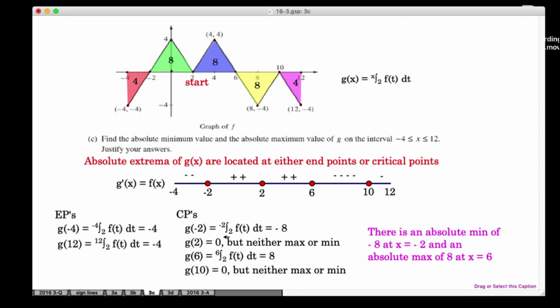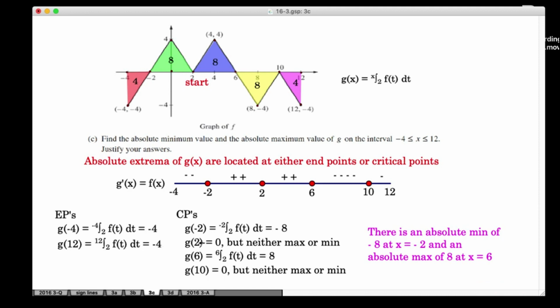If I want now the integral from 2 to -2, that's this critical point here. So 2 to -2, this is negative, that was positive, so this is going to be -8. And the integral from 2 to 6, this is positive, that's positive, so this is 8. Now you just look at the critical points and endpoints and look at the values.